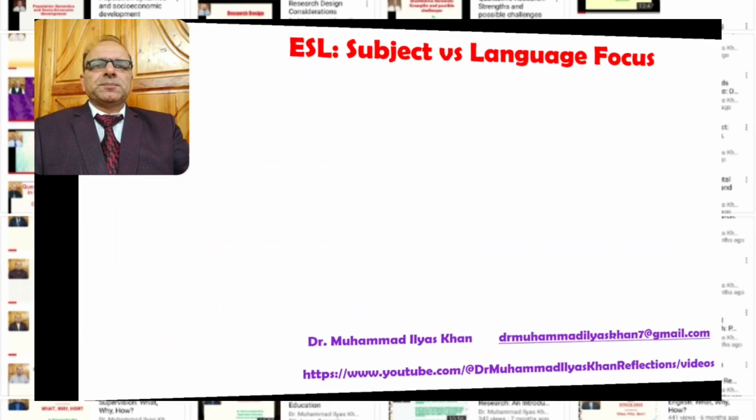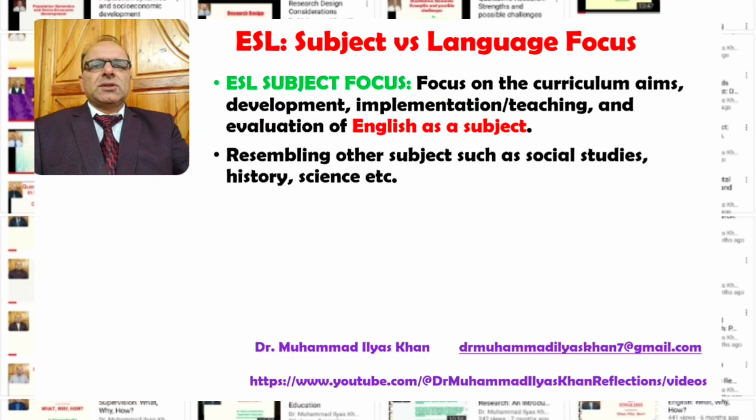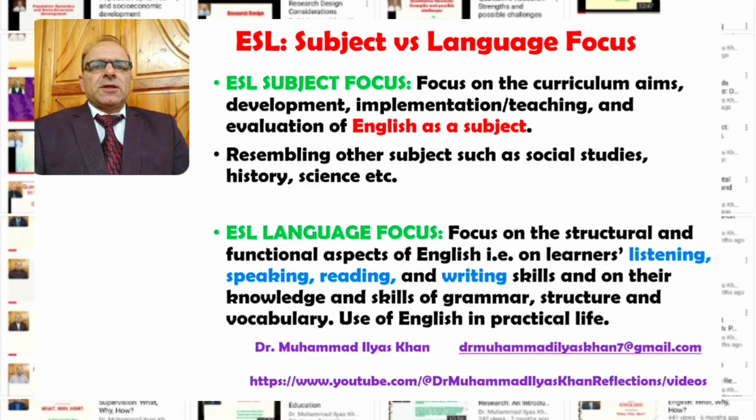First of all, the subject-focused ESL approach is an approach where the focus is on the curriculum aims, the development, implementation, teaching, and evaluation of English as a subject.